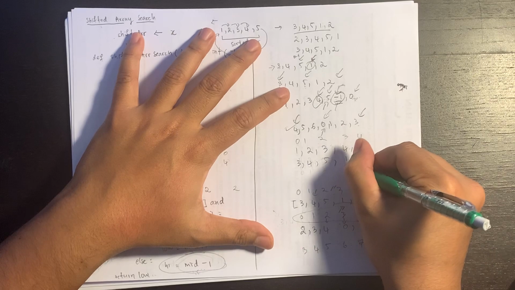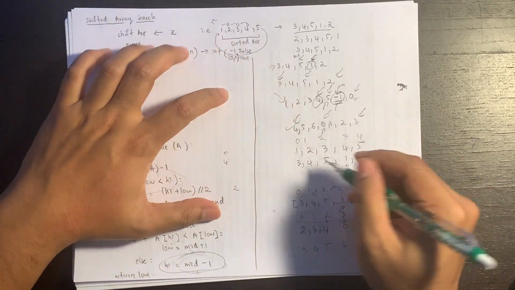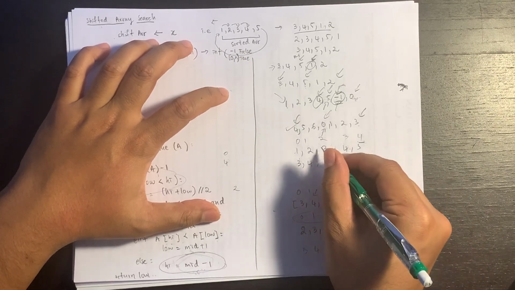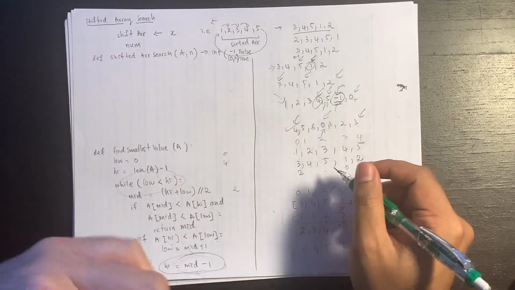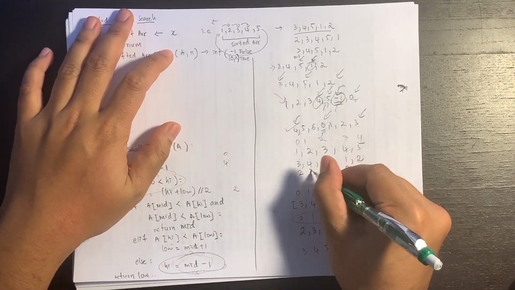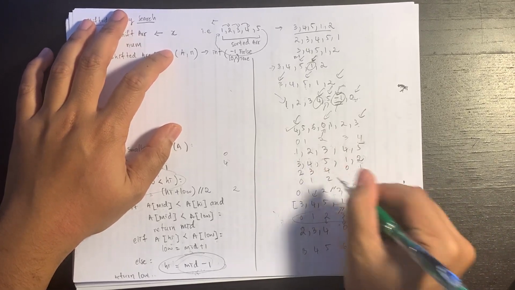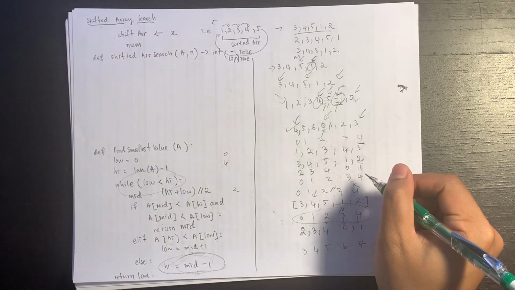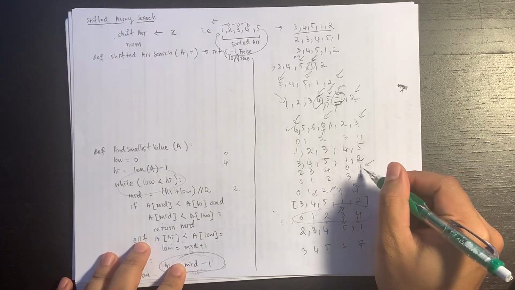Initially it was 0, 1, then 2, 3 and 4, and the goal is we want to convert this to 0, 1, 2, 3, and 4. My proposal is basically just add this number by 3.